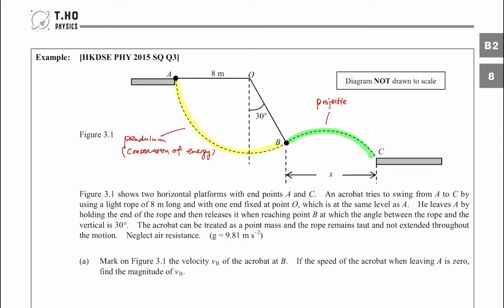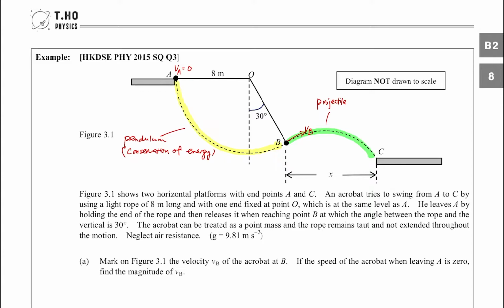Firstly, we want to find the speed at B. I would call it VB. VA is 0, originally at rest.